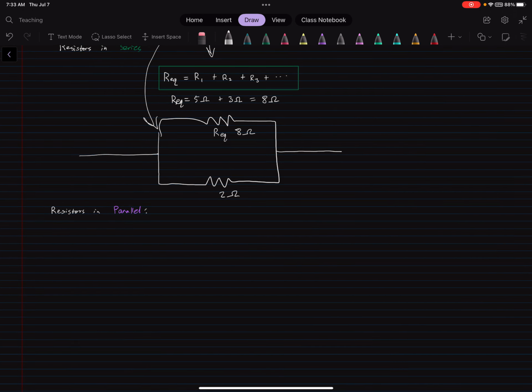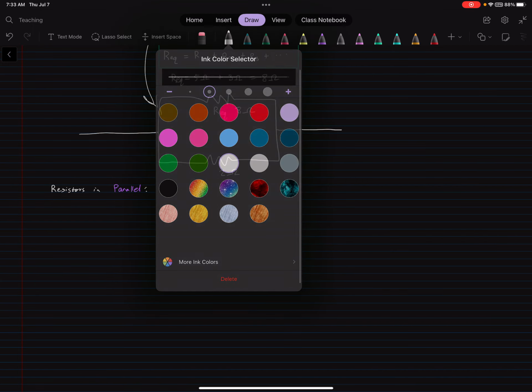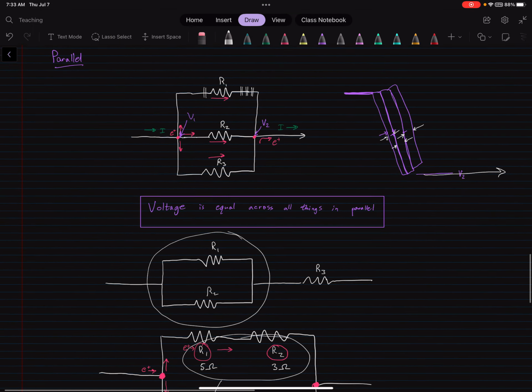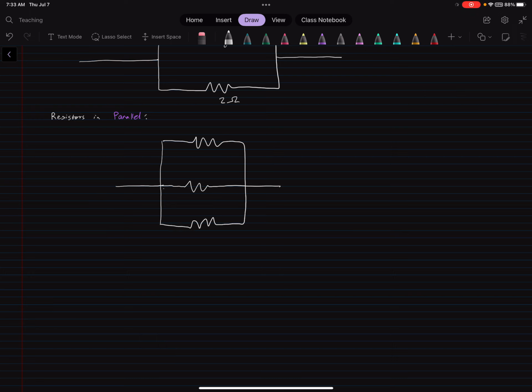So if we have 3 resistors in parallel, just like we were looking at up here, I'm going to redraw it. R1, R2, and R3.